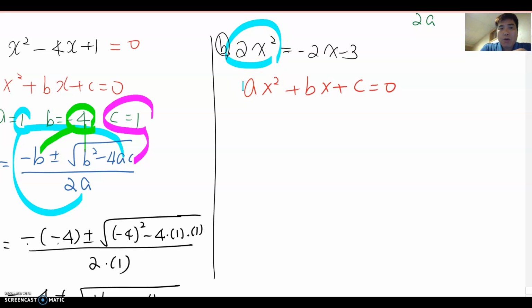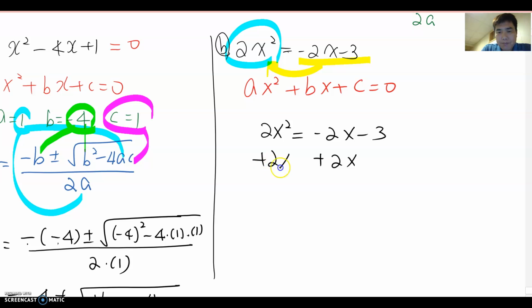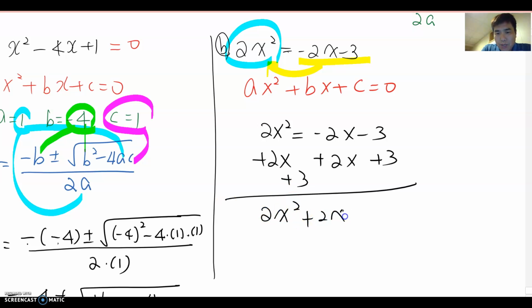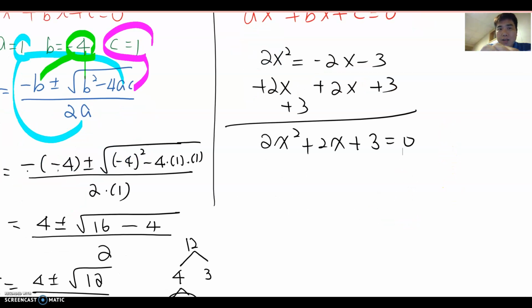So I'm going to move all these terms into this side here. 2x squared equals negative 2x minus 3, so I'm going to combine 2x and then plus 3, and this becomes 2x squared plus 2x plus 3 equals 0. Based on this, now we can analyze the a, b, and c values. So a equals 2, b equals 2, and c equals 3.